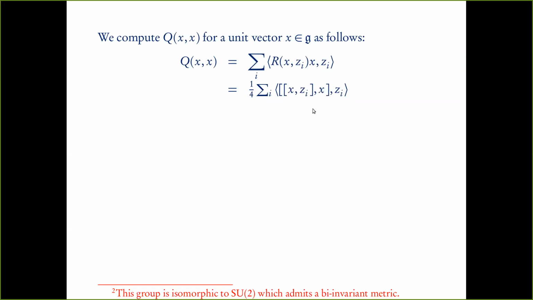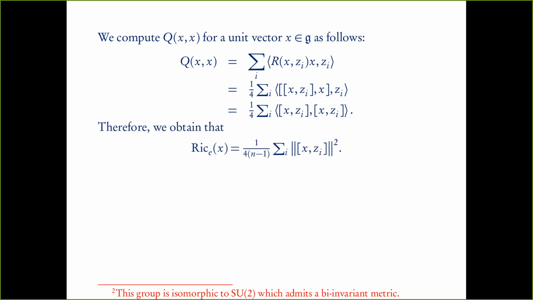That's what biinvariance tells me, right? So by biinvariance, this is the same as this, correct? Because I can pair the middle x either with z_i or with the Lie bracket [x,z_i]. So it is this quantity, but what is this quantity? Well, this quantity is nothing but the norm of the Lie bracket [x,z_i] squared, summed over i, correct?